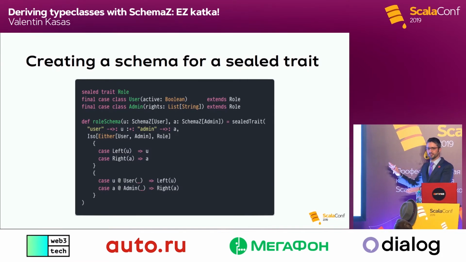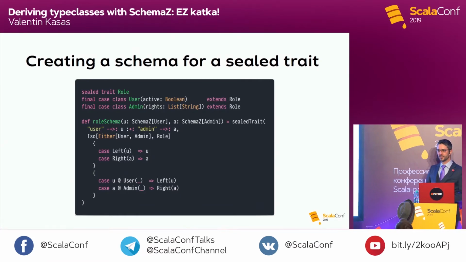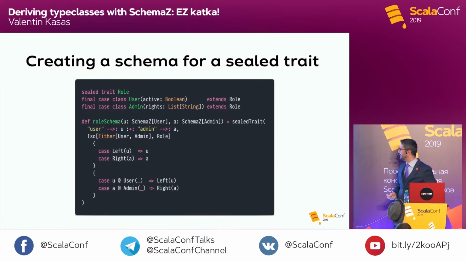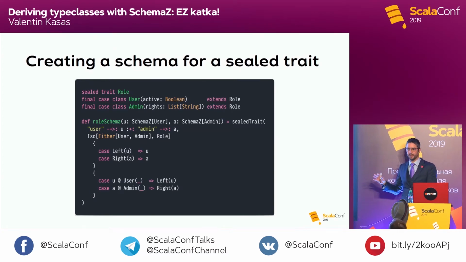Similarly, sorry it's a little bit small, but it's the same idea with sealed trait or union, if you prefer. I have a sum, because my sealed trait is a sum type.